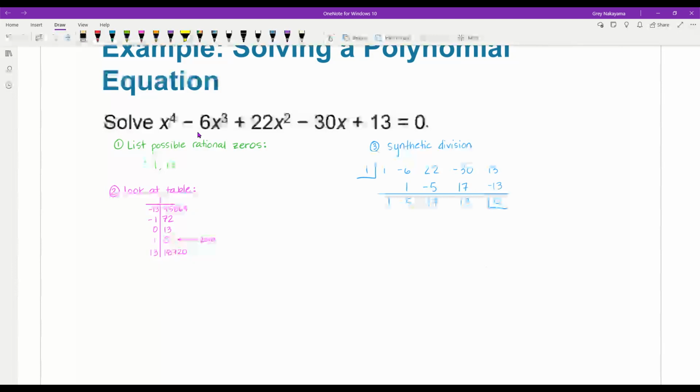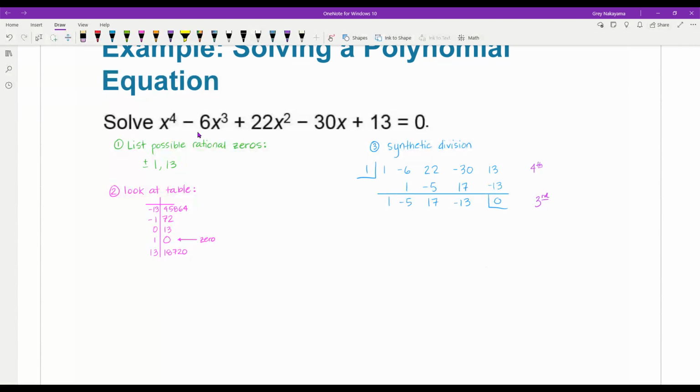And so I got 0. So I know I've done that correctly. Now, this is a 4th degree, which means this one is a 3rd degree. And if you put those numbers, 1, negative 5, 17, and negative 13, as a cubic, I still can't factor that. So I'm going to try again.